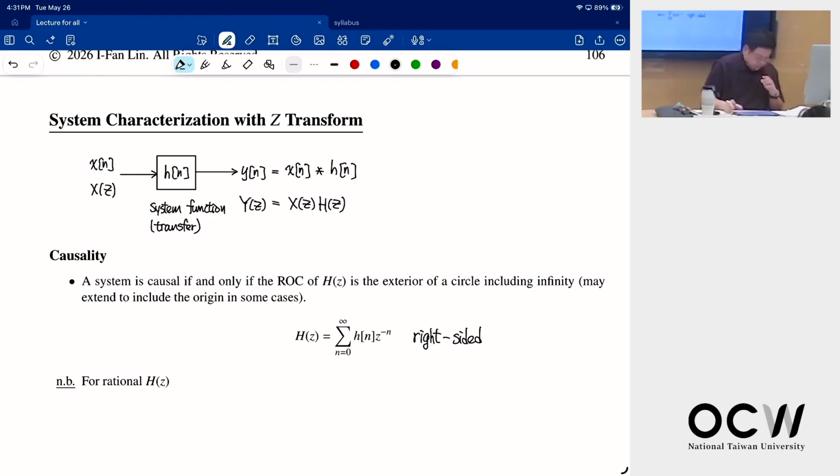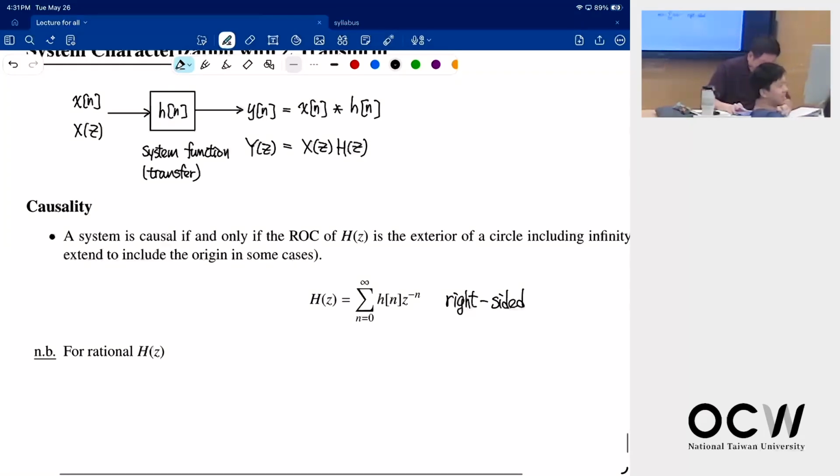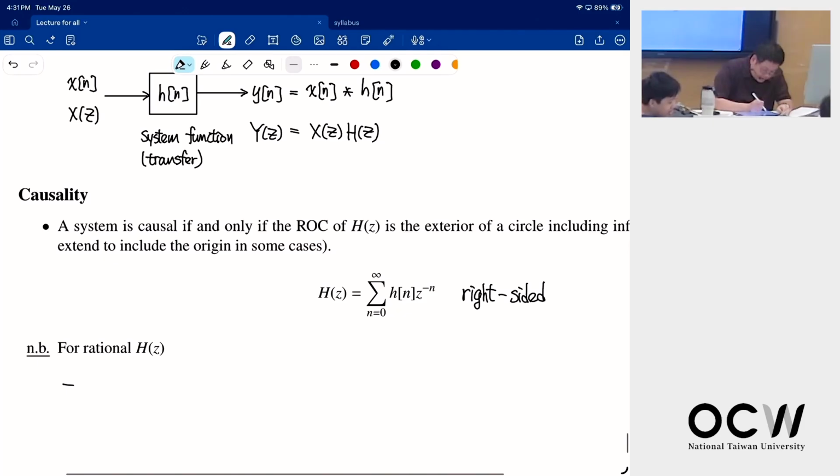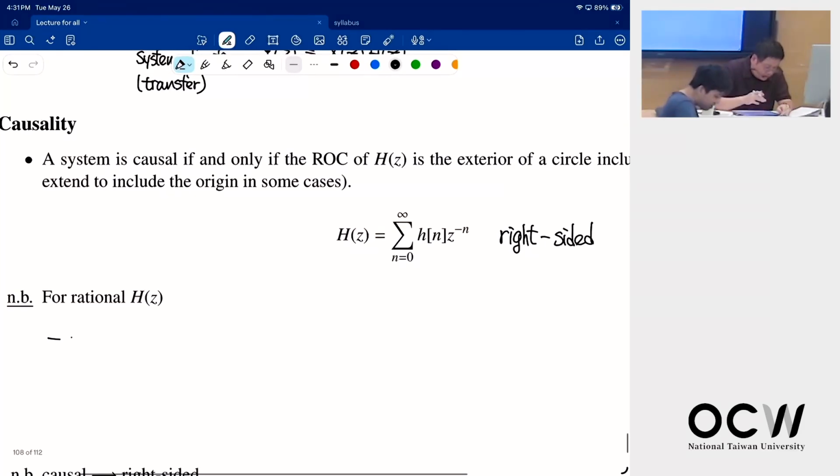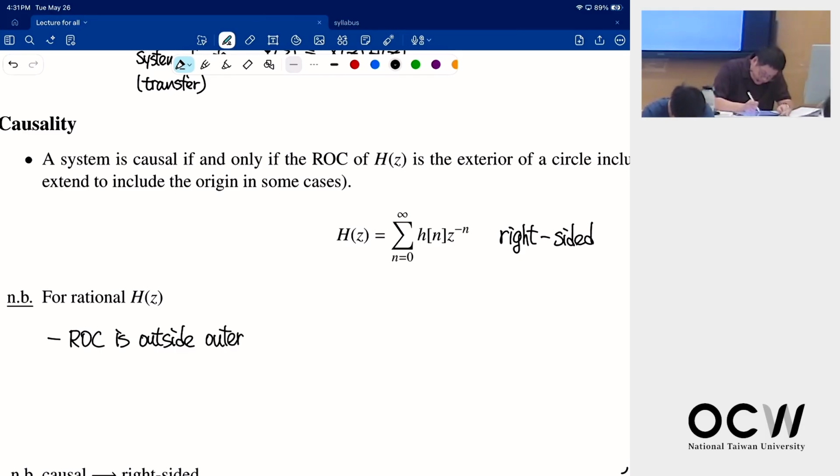If this function is rational, then first, the region of convergence is outside the outermost pole.